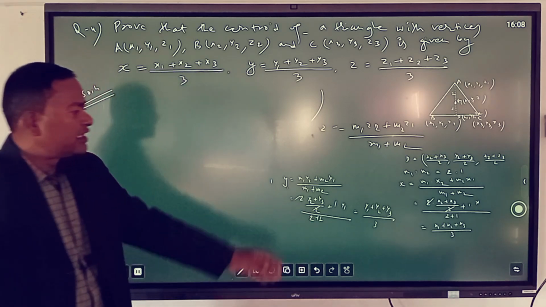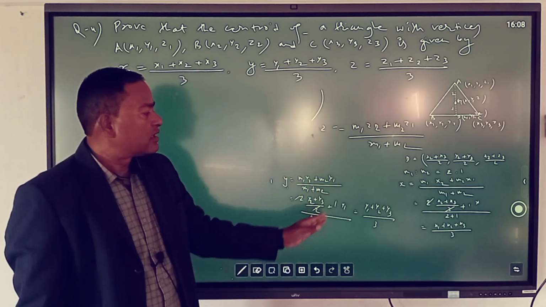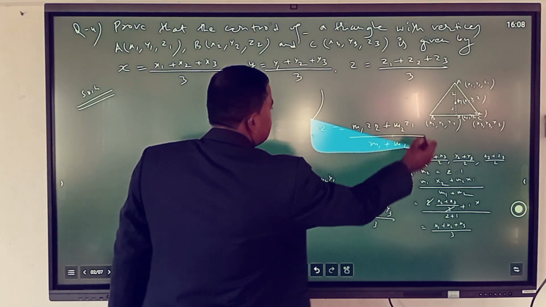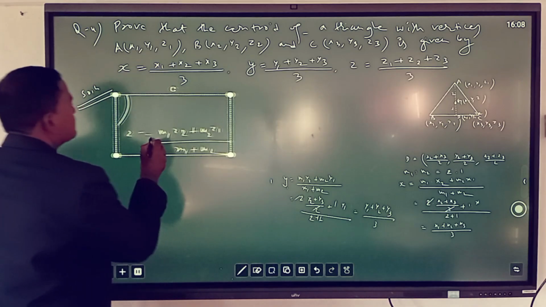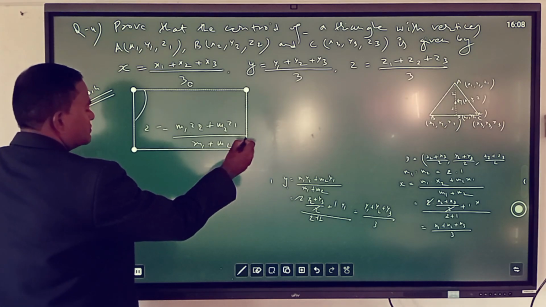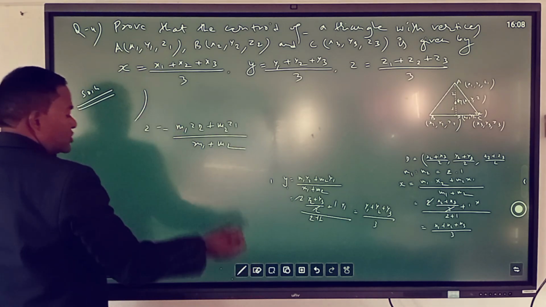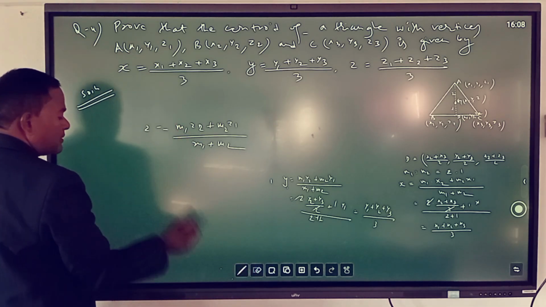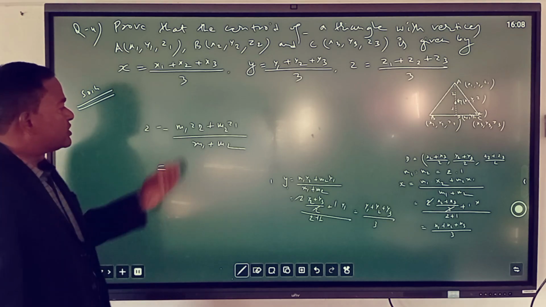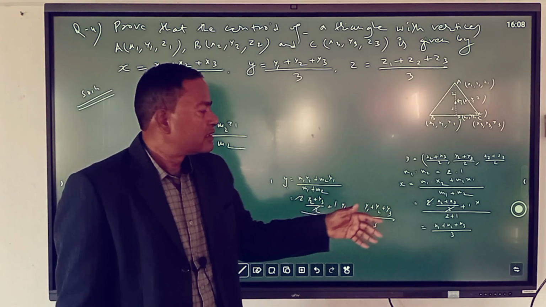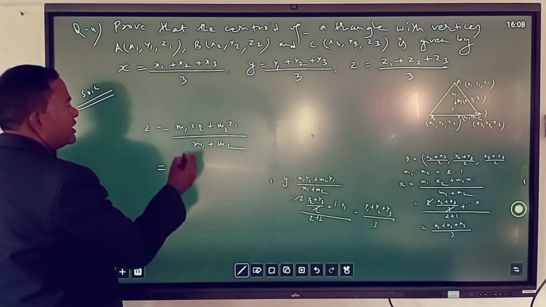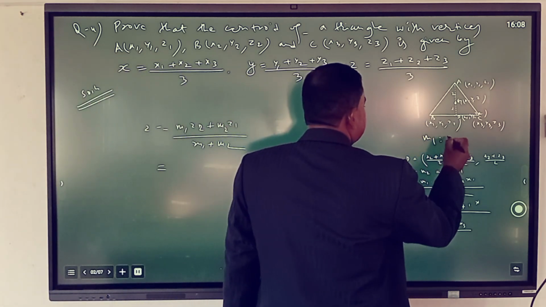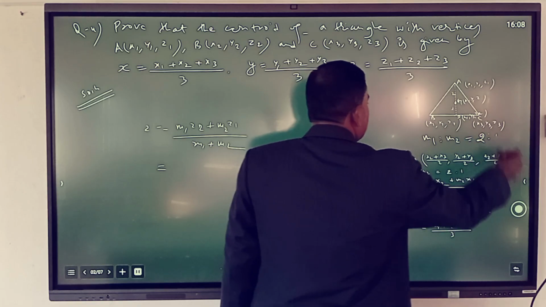So dear student, already we have found the x coordinate and y coordinate of the centroid. Let us find out the z coordinate. Let us substitute the corresponding values of m1, m2 and z1, z2. So we know that the ratio is 2 is to 1.